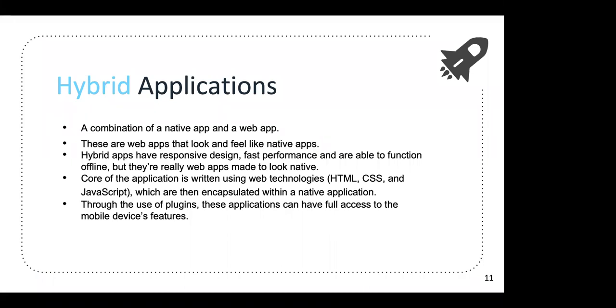They look like native applications. These hybrid applications have responsive design, fast performance, and are able to function offline. But they are really web apps made to look native. That means we are creating these hybrid applications using web technologies, then we are wrapping them in native components.